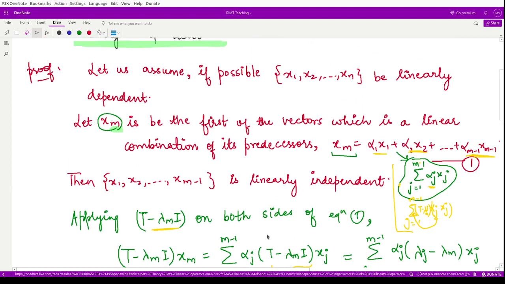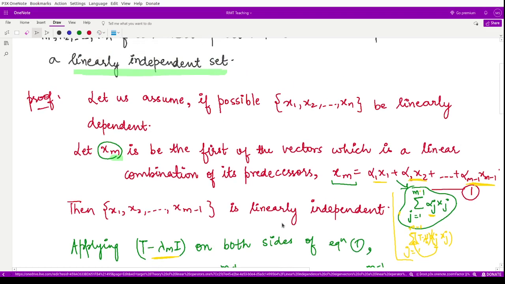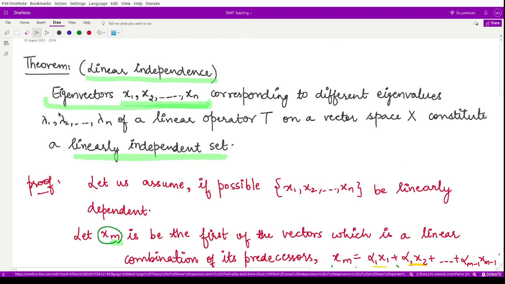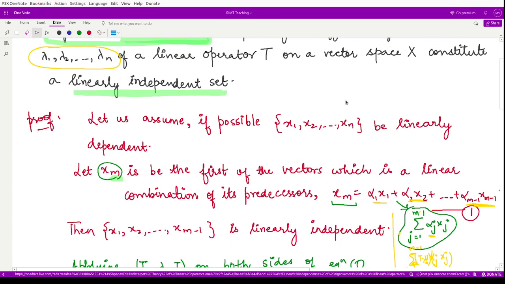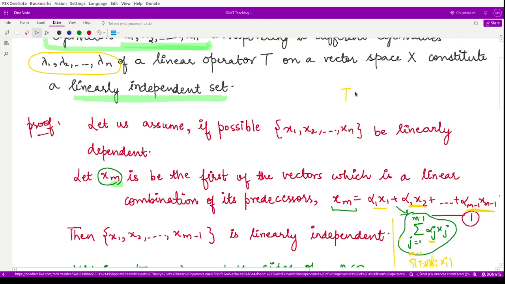Now lambda 1, lambda 2 up to lambda n were the eigenvalues of the linear operator T, and corresponding to these eigenvalues we have the eigenvectors x1, x2 up to xn. So we can write T of xj, the eigenvector, equal to lambda j xj, where xj is not equal to 0. That is the definition of eigenvalues and eigenvectors.